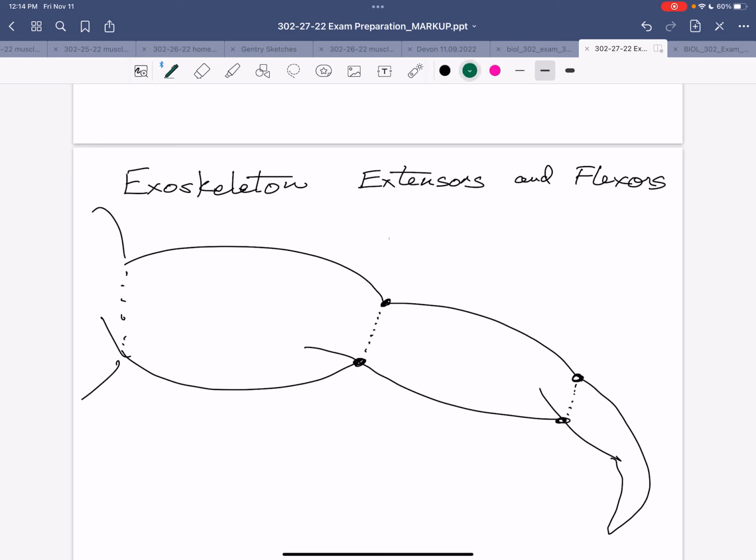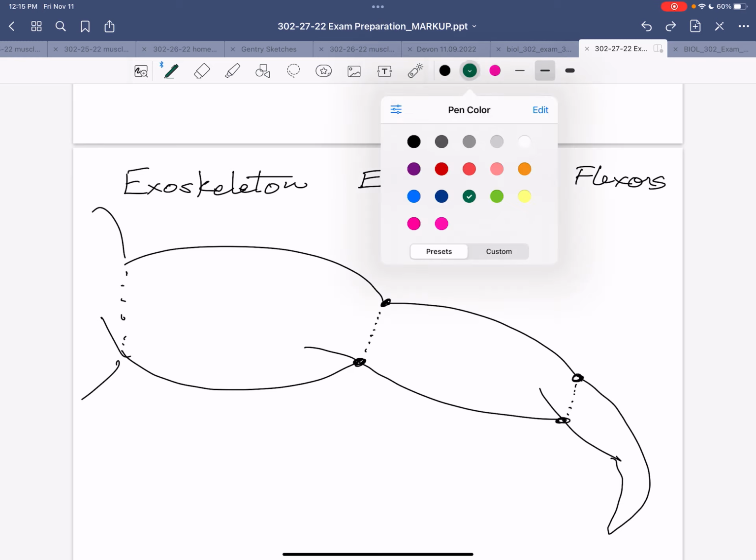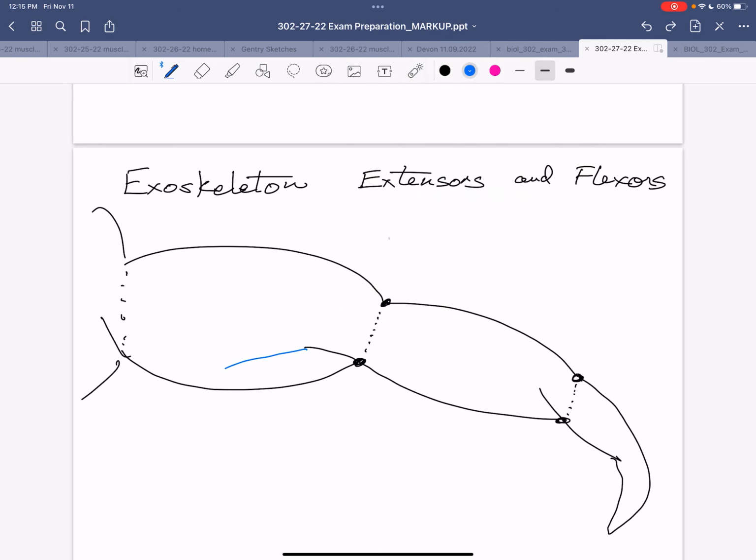I'm going to start here with the extensors. They're the ones that seem a little bit more confusing on the surface. Here is an extensor attached here and here. Here is another one, and here is another one. They don't have to be on the bottom of the limb.